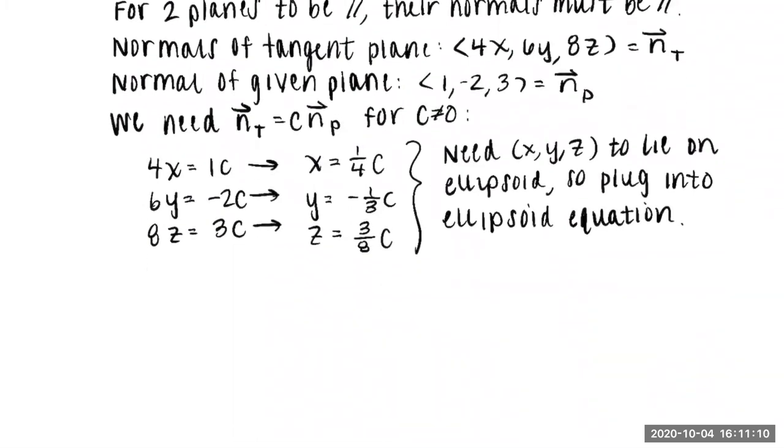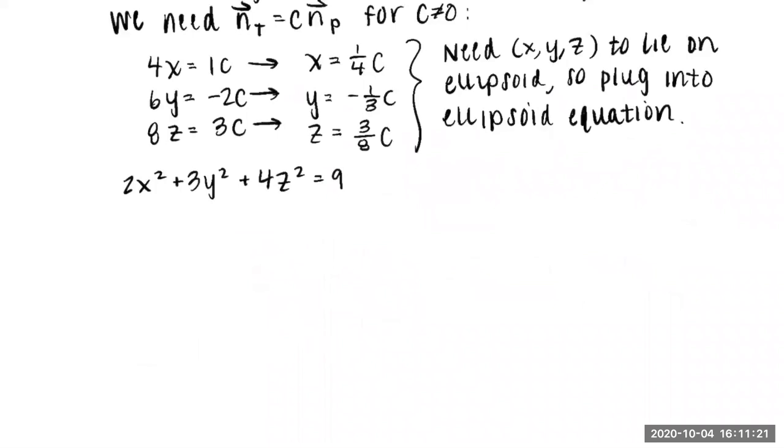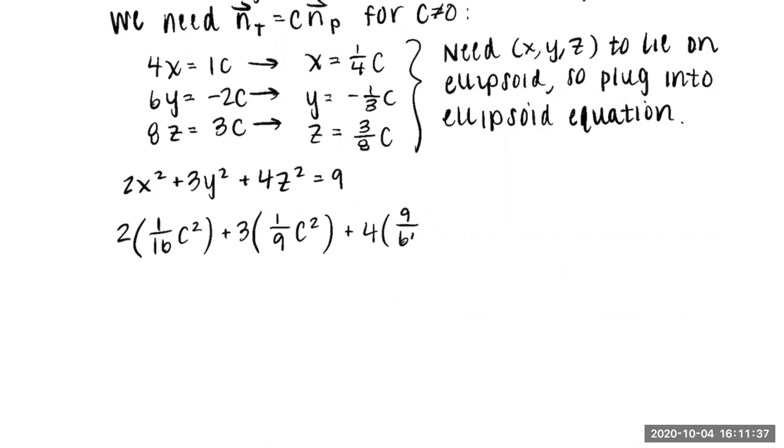So remember, our equation for an ellipsoid was 2x squared plus 3y squared plus 4z squared equals 9. And so using the expressions that I have for x, y, and z, I have 2 times 1/16 c squared plus 3 times 1/9 c squared plus 4 times 9/64 c squared equals 9.